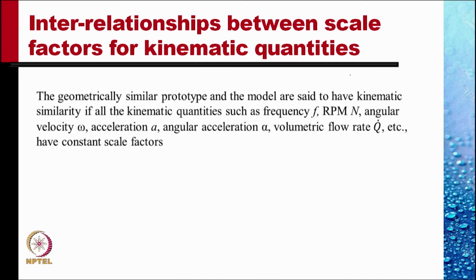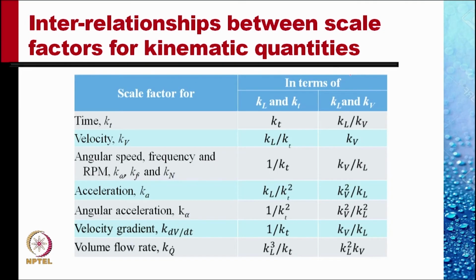One scale factor for frequency, one scale factor of RPM, one scale factor of angular velocity, one scale factor for volumetric flow rate, etc. So that we can relate the scale factors of kinematic quantities with the scale factors KL and KT or KL and KV.